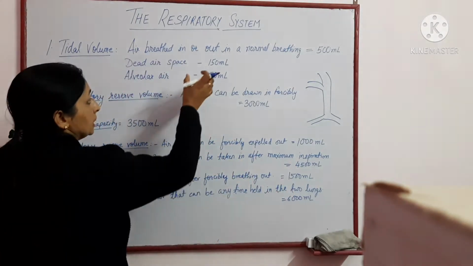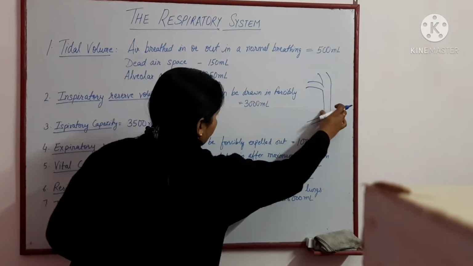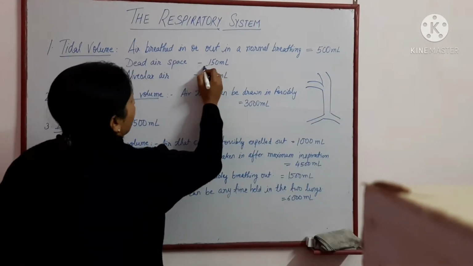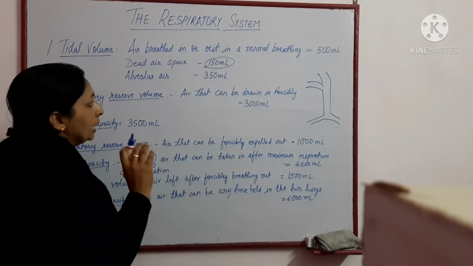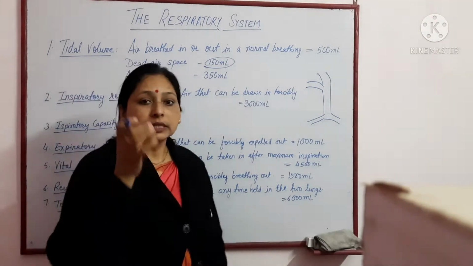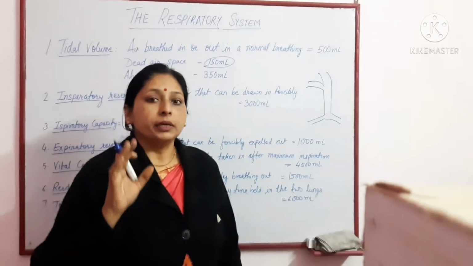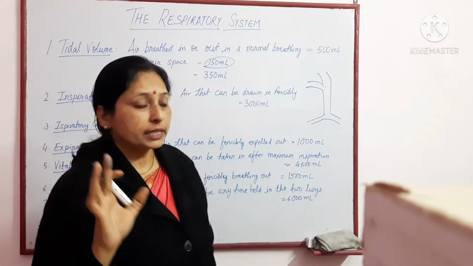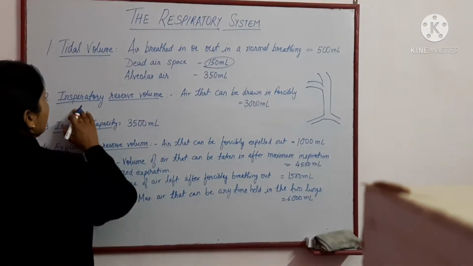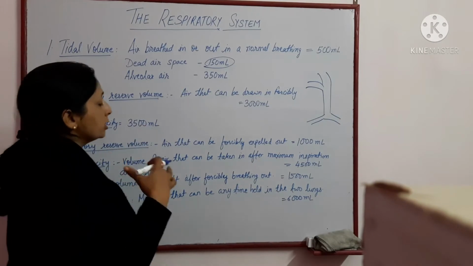The part left in the trachea and bronchi is 150 milliliters, so out of 500, 150 is in the dead air space and the remaining 350 ml enters the alveolar sacs. Next is inspiratory reserve volume.